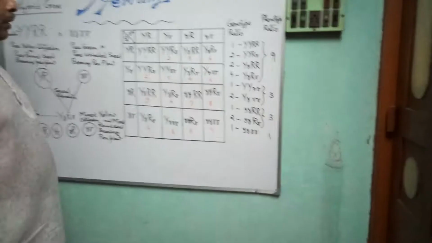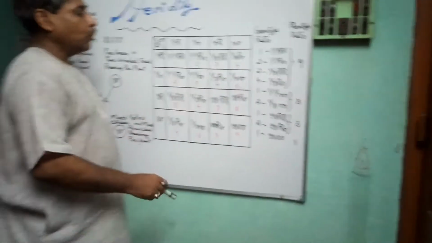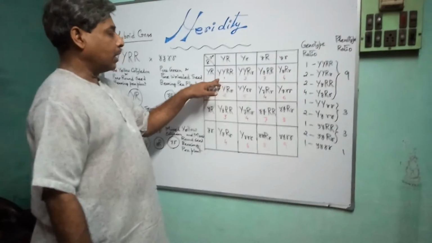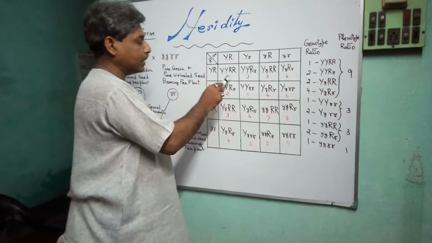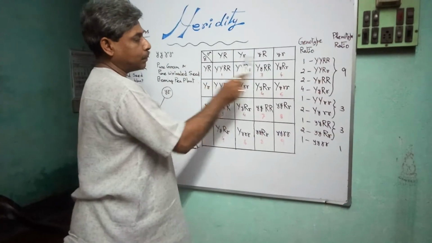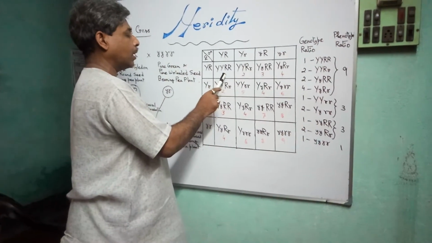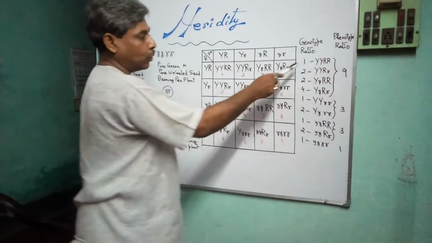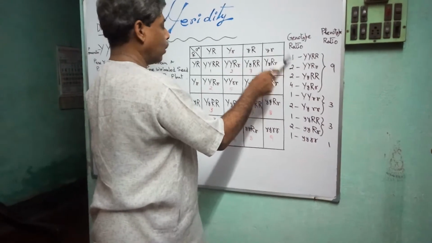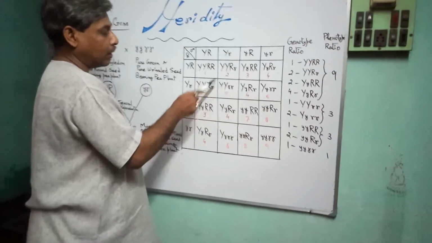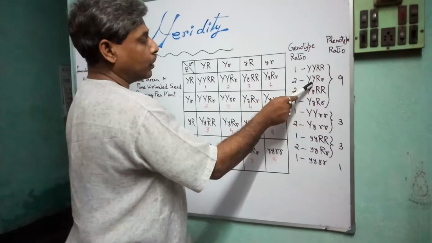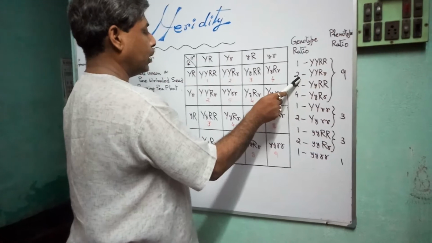Right now, what is left out is that we have to count the number present on the board. If we see, 1 is single in number, so capital Y, capital Y, capital R can be written as 1. Number 2 is present twice, so this individual is 2 in number.